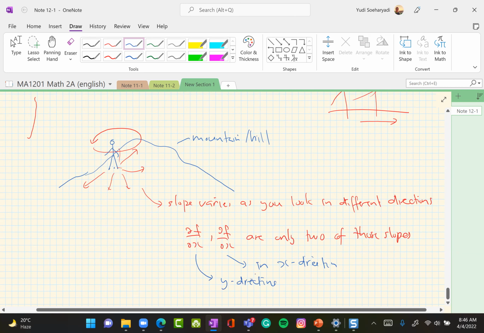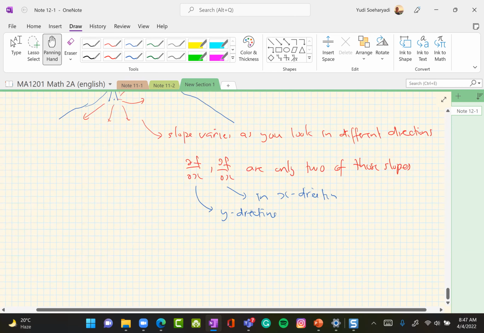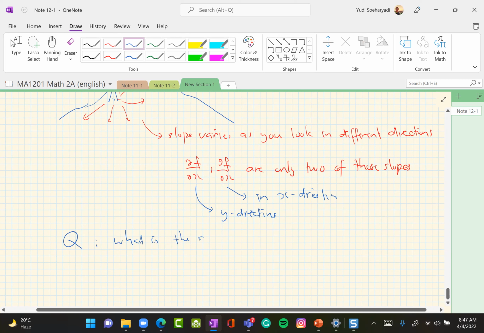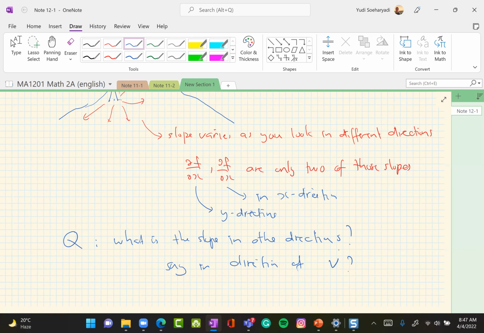So the question is, what's the slope in other directions? So the question here: in, say, the direction of v, for example. Okay, so this is what we call the directional derivative.